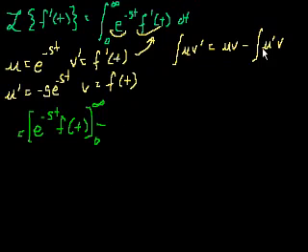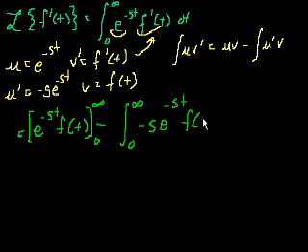So minus this part. The integral from 0 to infinity of u prime, which is minus s e to the minus st, times v, and v is f of t, dt. Let's see, we have a minus and a minus. Let's make both of these pluses. This s is just a constant, so we can bring it out.